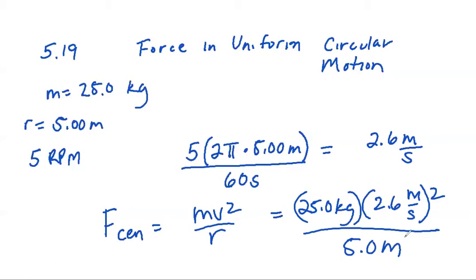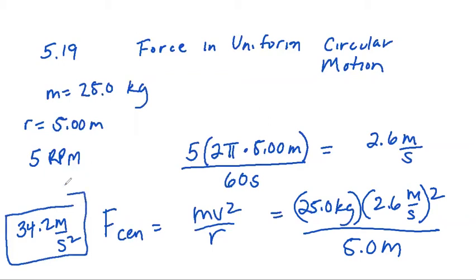Something went wrong here, I'm not getting the same value. Wait a minute. Oh, that's terminal speed of a skydiver. So my bad, I was looking at the wrong problem. I got 34.2 meters per second squared. So that is the answer to 519, 34.2.